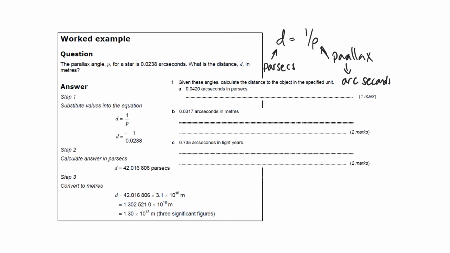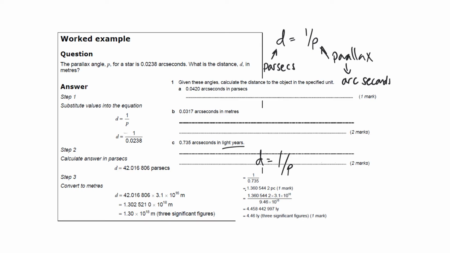So then let's look at part C. This time they want it in light years, but similar idea. d equals 1 over p, where d is our distance and p is our parallax angle. 1 over 0.735 gives us 1.36 parsecs.